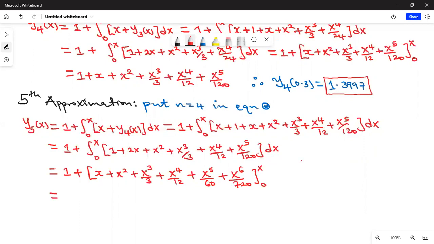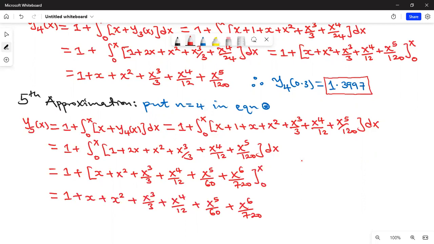Plug in the limits of integration, you're going to get 1 plus x squared plus x cubed over 3 plus x raised to 4 over 12 plus x raised to 5 over 60 plus x raised to 6 over 720. So that's our y5 of x.